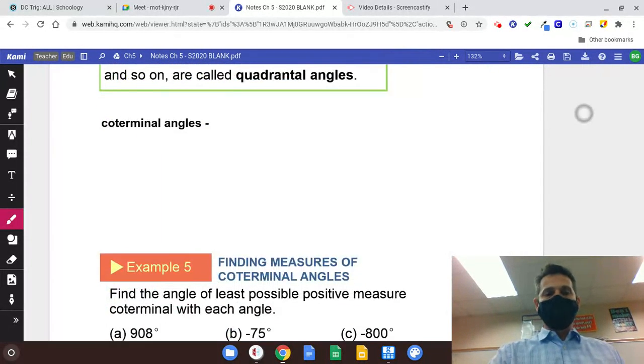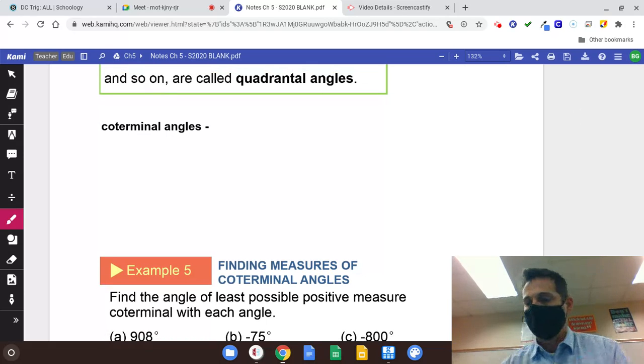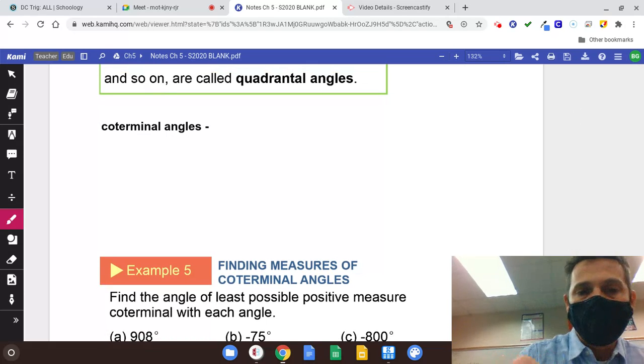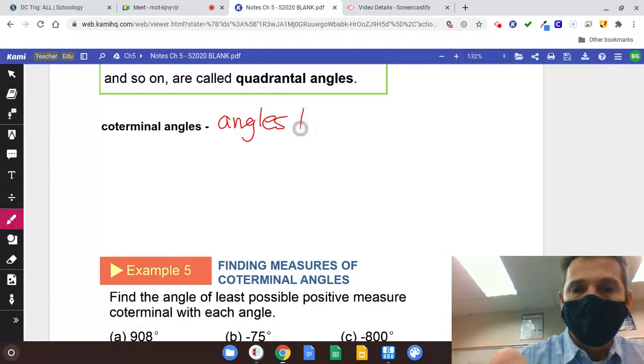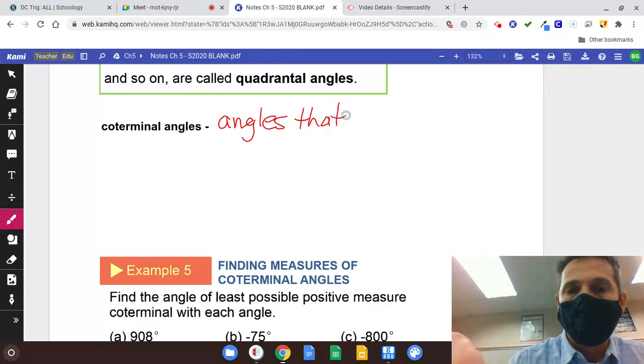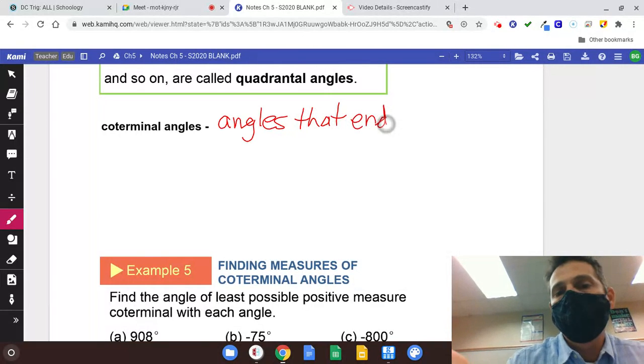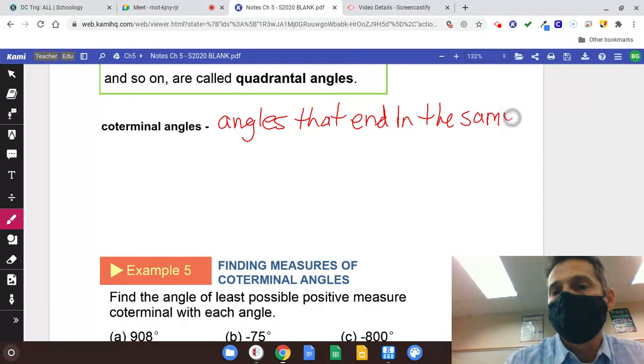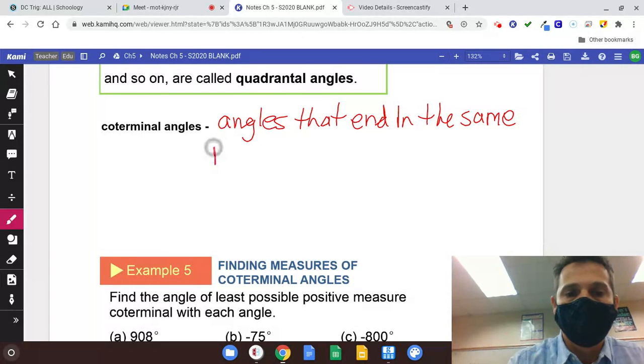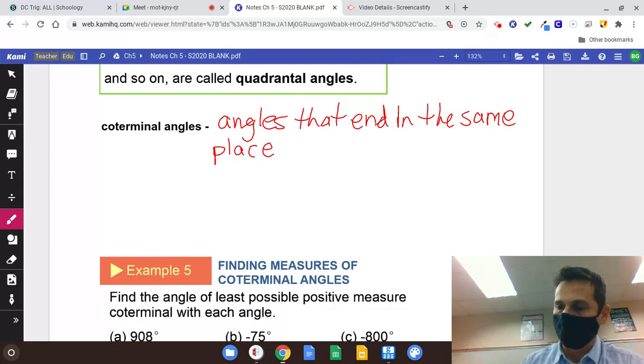Likewise, here's the definition: coterminal. Coterminal angles end in the same place. Okay, so think about this.